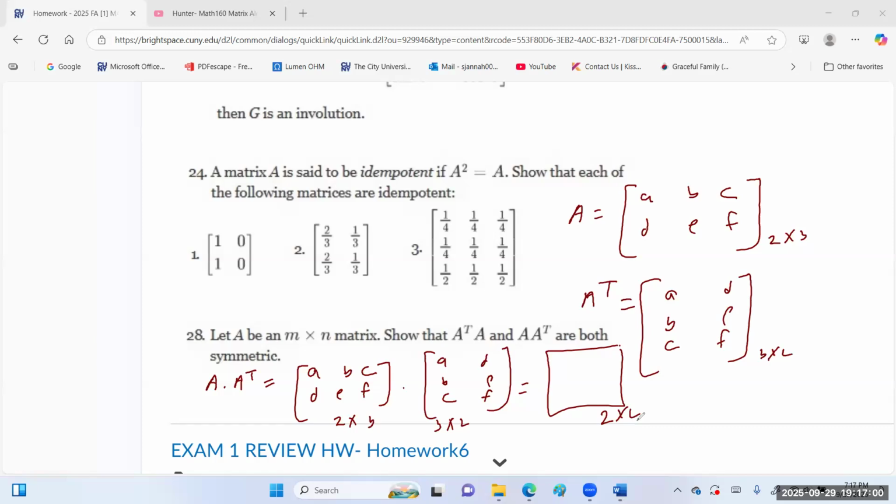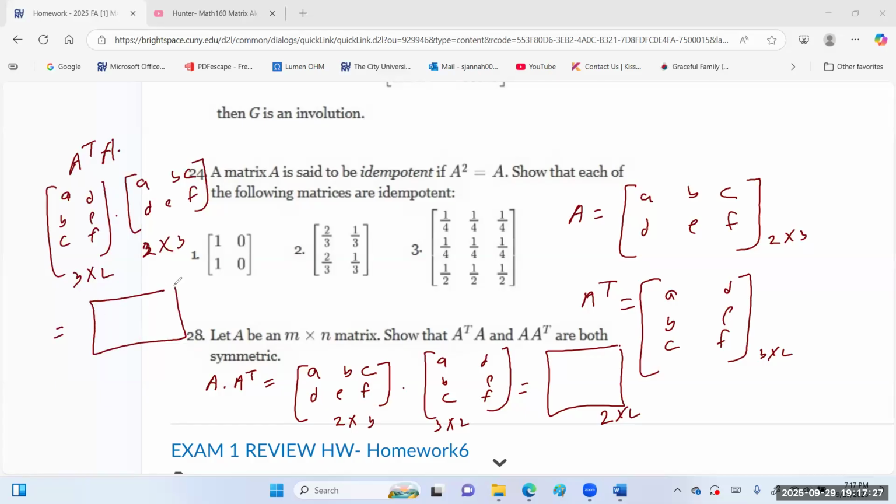And then you do the other way around. You do A transpose times A. So A transpose is A, D, B, E, C, F, and now A is A, B, C, D, E, F, row wise. So now this is 3 by 2 and this is 2 by 3.